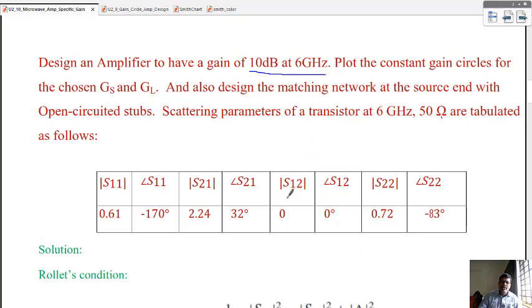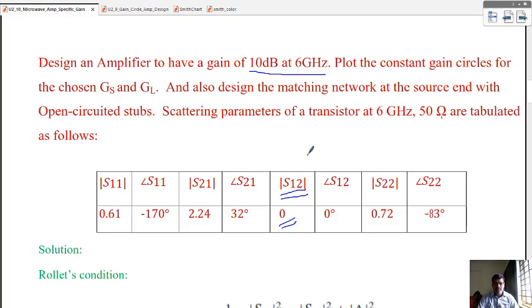Here you can see that since the S12 value is 0, we can note that this device is unconditionally stable because there is no reverse transmission coefficient present in its S parameter.